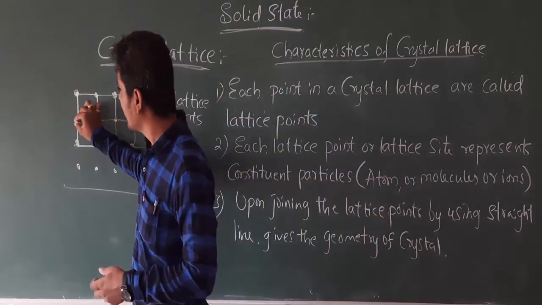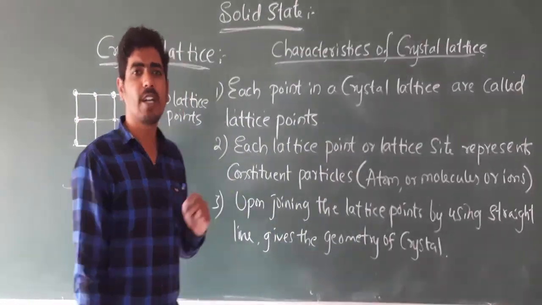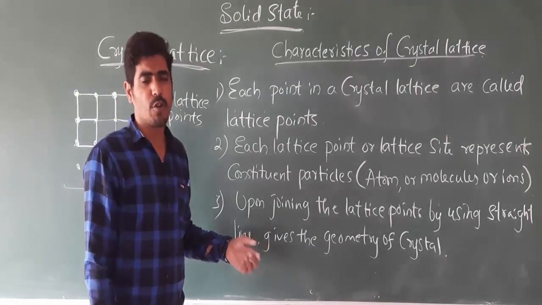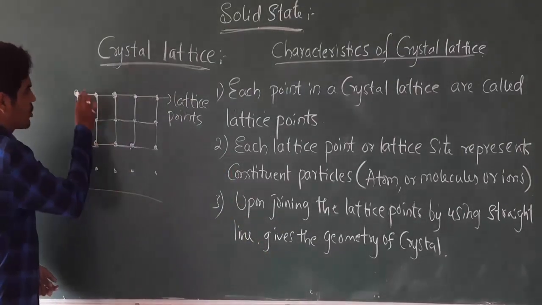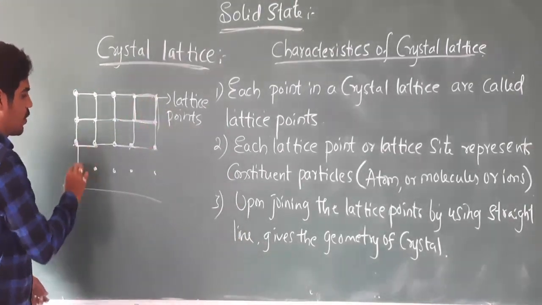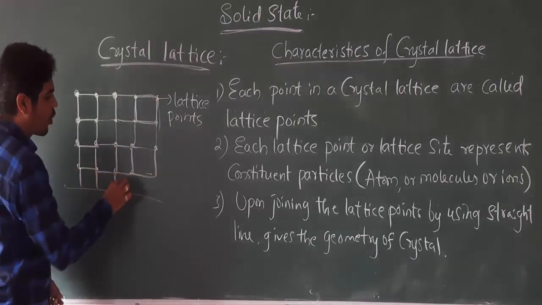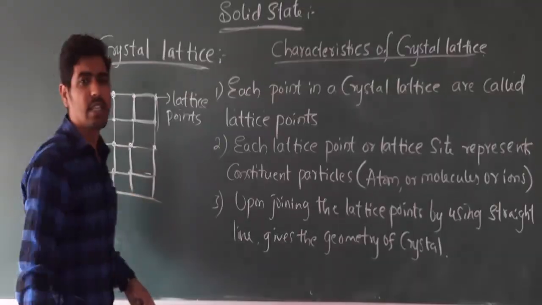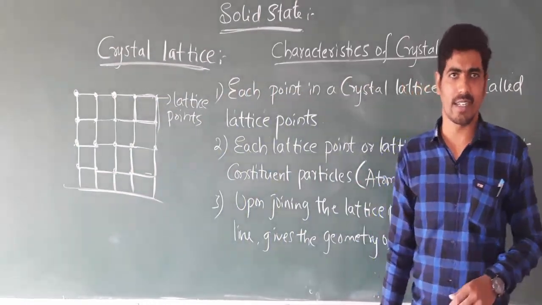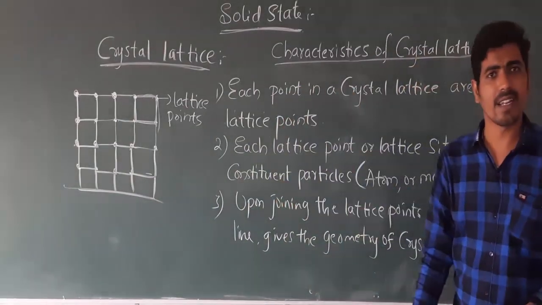Upon joining these lattice points with the help of a straight line, not by using any other curve, we only have to use a straight line. So by using a straight line, upon joining, it will form the geometry of the crystal. Whatever geometry is obtained, that geometry is itself the geometry of the crystal lattice. So these are the three characteristics of crystal lattice.